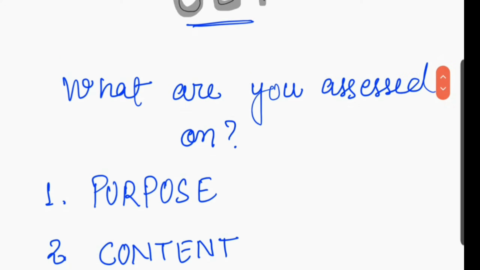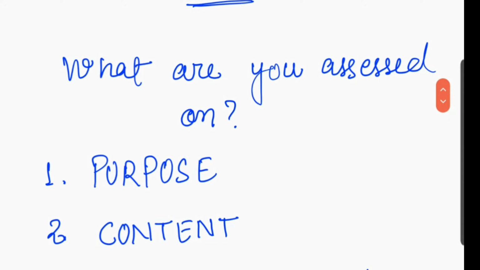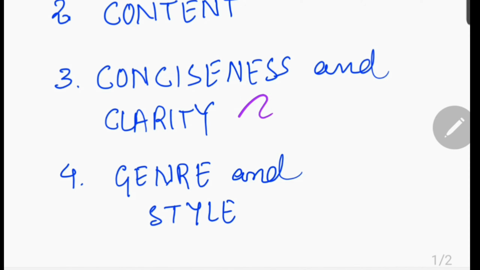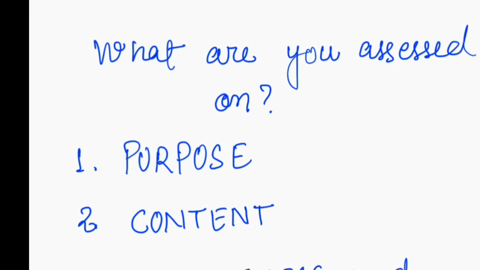So there are 6 writing criteria that examiners in the OET exam assess us on, and these are purpose, content, conciseness and clarity, genre and style, organization and layout, and language. So looking into the purpose. So when we talk about the purpose, when you are writing a letter, whether the purpose of the letter is immediately apparent and expanded in the course of the letter or not.